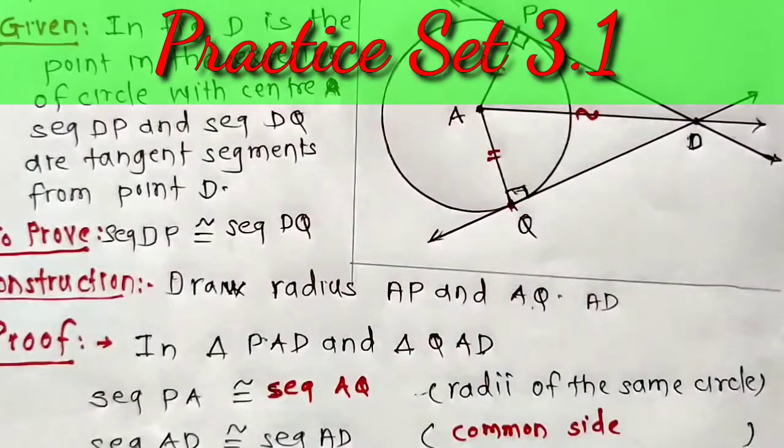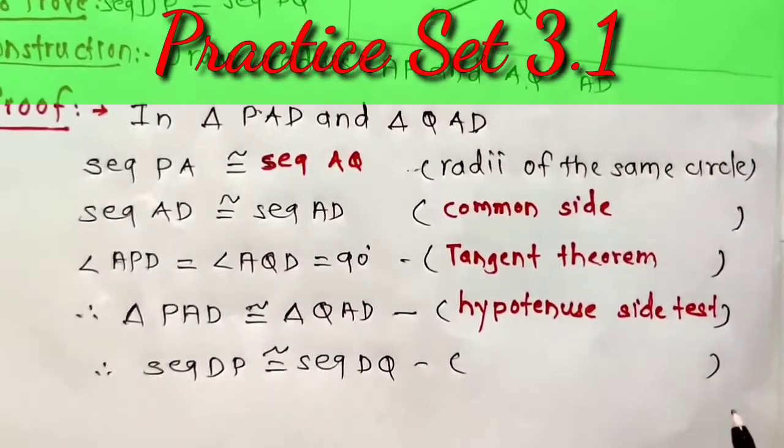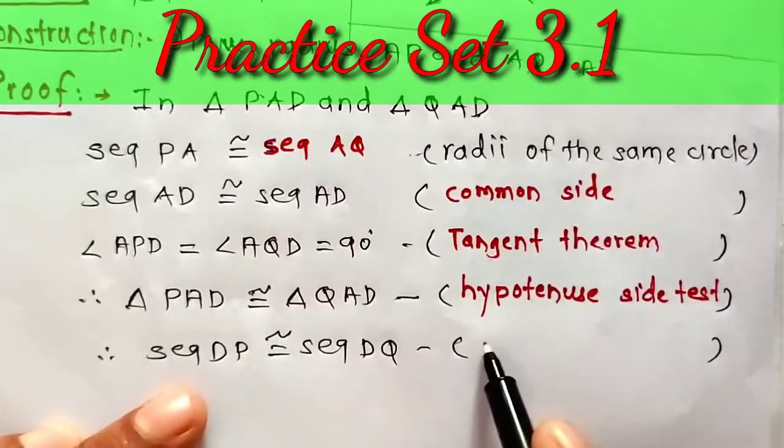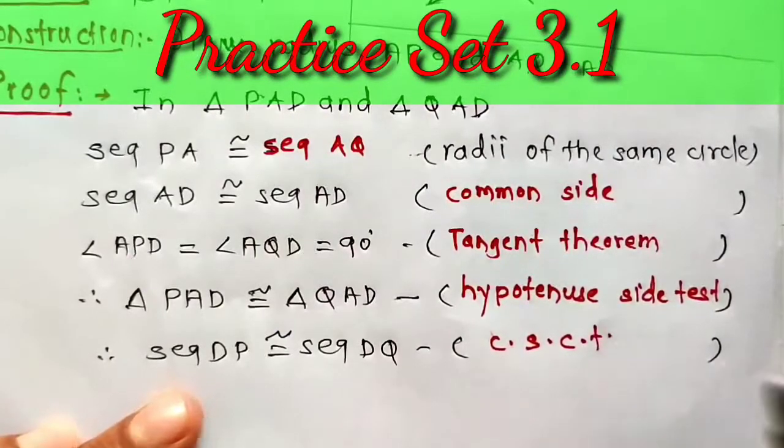So, hypotenuse side test, or theorem. By the hypotenuse side test or hypotenuse side theorem, these two triangles are congruent, and if two triangles are congruent, their corresponding sides are congruent. DP and DQ are congruent.